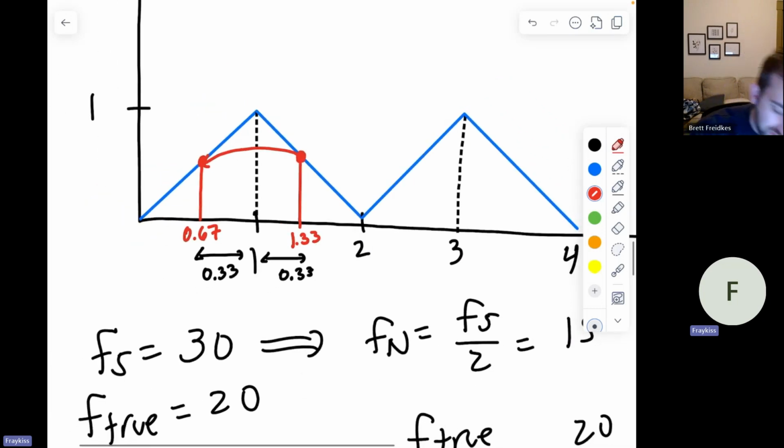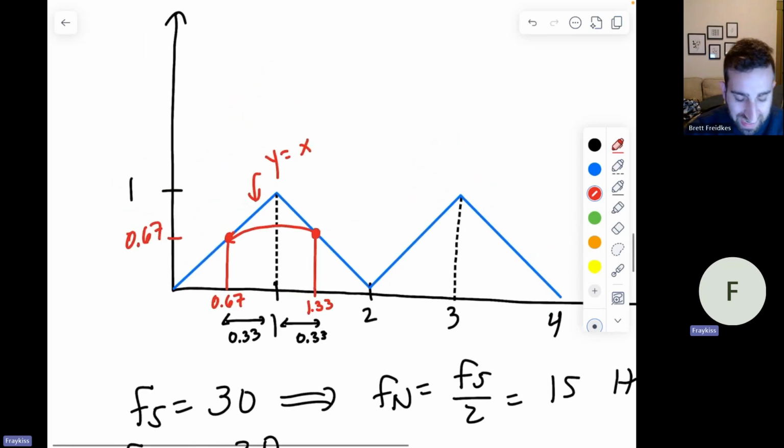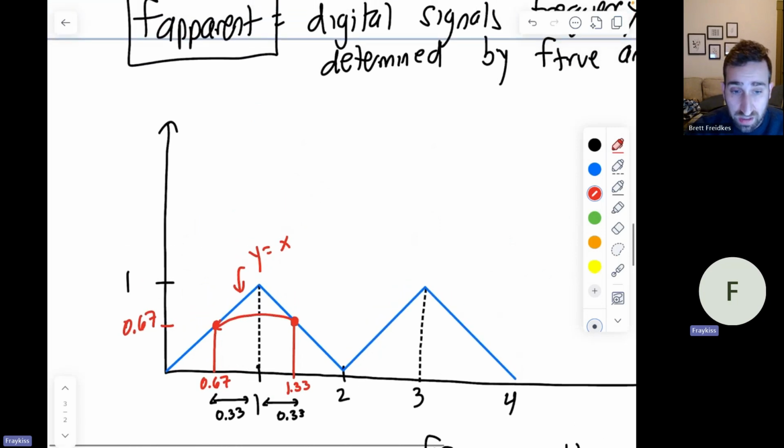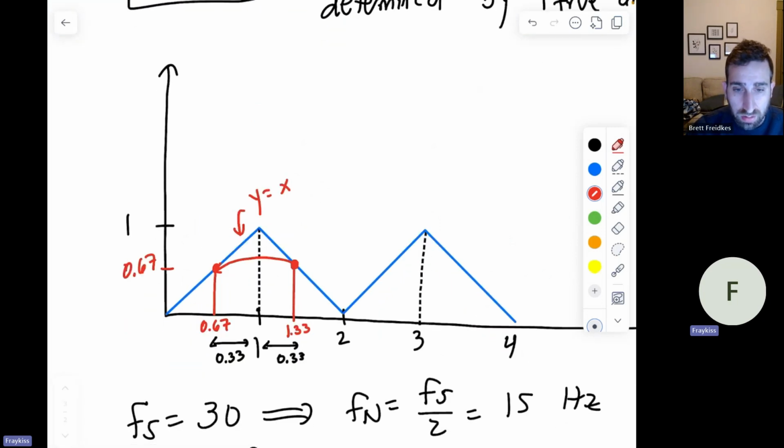Now, because of the fact that this line here is y equals x, that means that this point is also 0.67. And I didn't tell you what this y-axis is yet, but we found the value on that axis. It's going to be 0.67 in this example. This axis ends up being f apparent over fn.